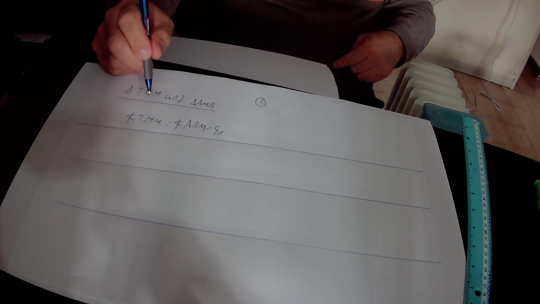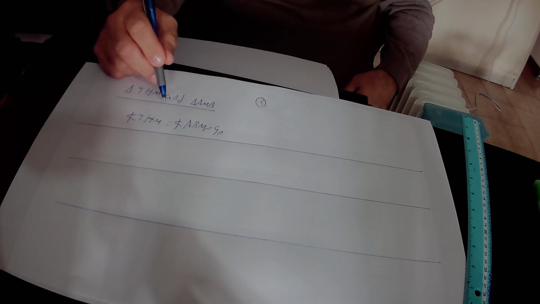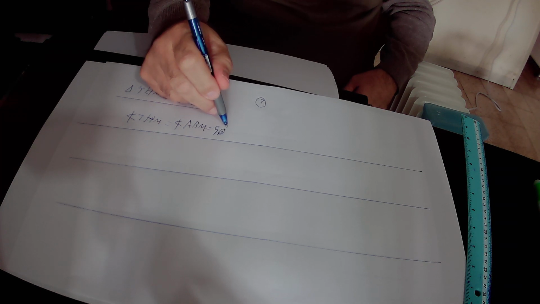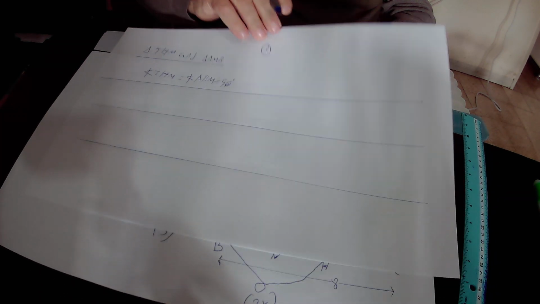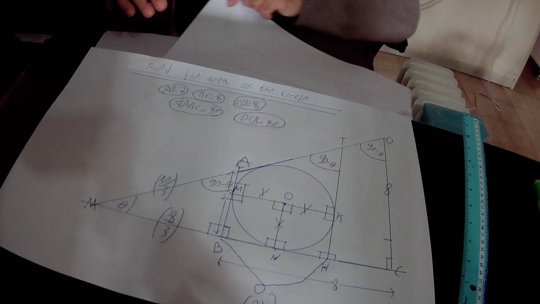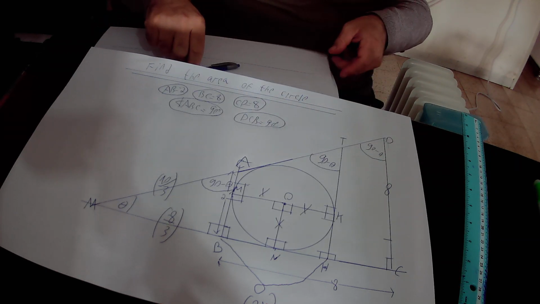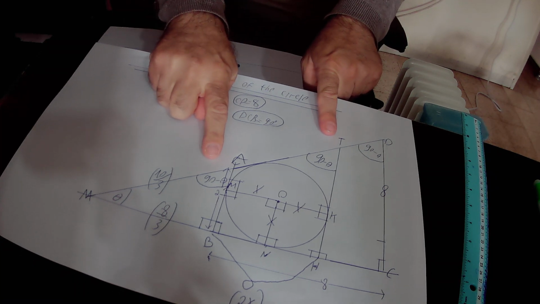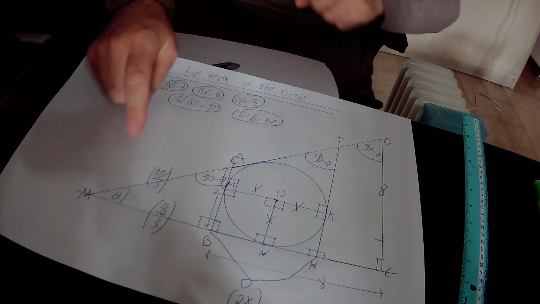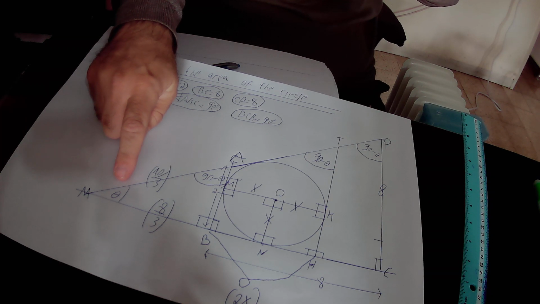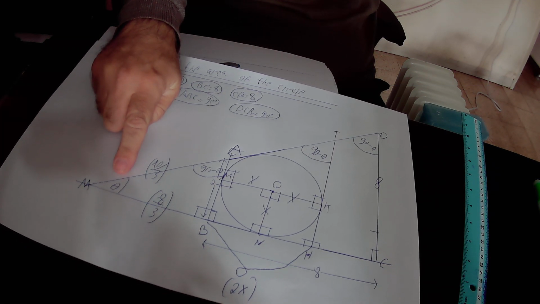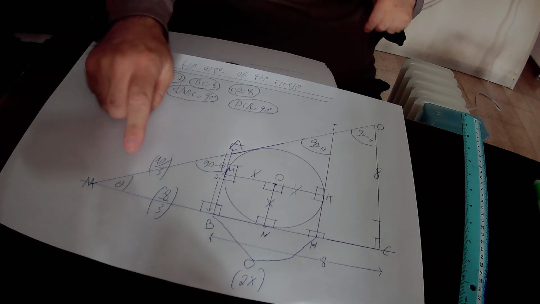Angle THM in the big triangle is equal to angle ABM in the small triangle. They are both equal to 90 degrees, therefore they are equal to each other. In addition, this angle theta is a common angle that belongs to both triangles, so we can write down that angle theta equals itself.